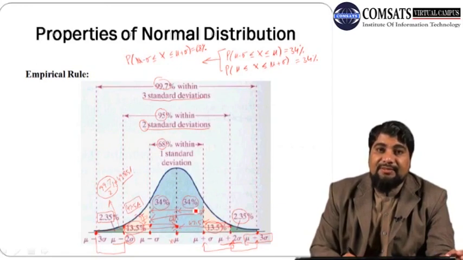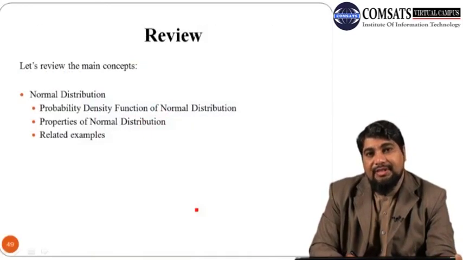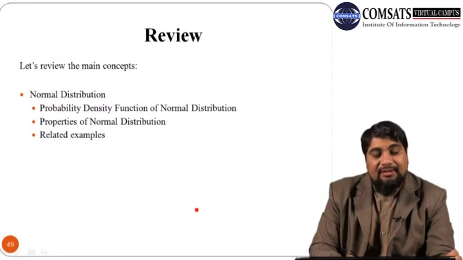So this is how we can use the empirical rule to find the probabilities within any 2 values of x. Let us review the main concepts we have discussed in today's lecture. I have introduced you to the normal distribution, which is the cornerstone of modern statistical theory. In particular, we have discussed the probability density function of the normal distribution and how we can use Microsoft Excel to draw the bell-shaped curve.